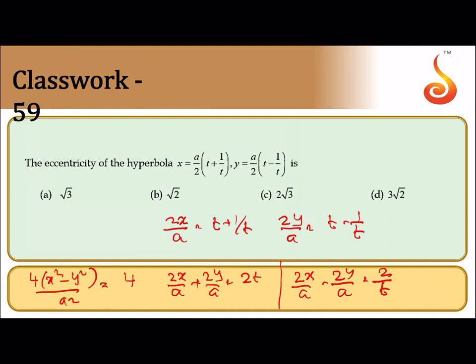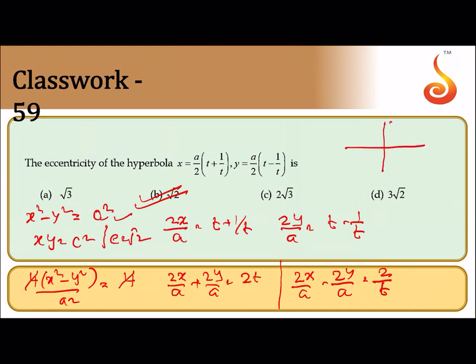So 2 times 2 means 4. We get x square minus y square by a square is equal to 4. When you multiply it, the 4s cancel, so x square minus y square is equal to a square. A rectangular hyperbola's eccentricity is always root 2. Please remember, whenever it is a rectangular hyperbola, the eccentricity is root 2. A rectangular hyperbola represents x square minus y square is equal to c square, or xy is equal to c square, in any form.